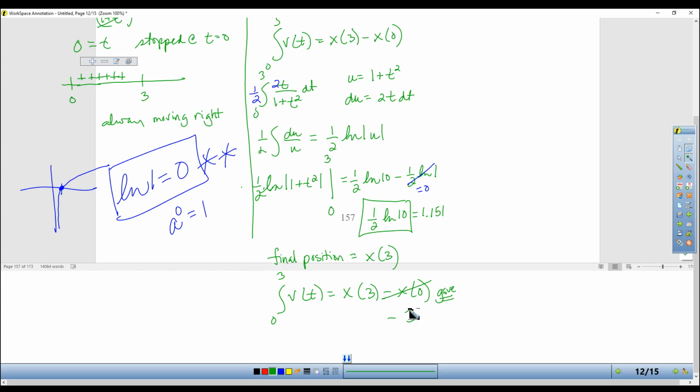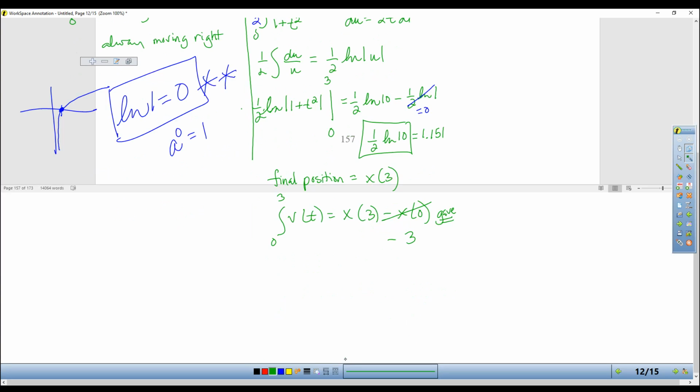So I can add that 3 to the other side, and then 3 plus the integral from 0 to 3 of v of t is equal to x of 3, meaning your starting spot plus your displacement will give you your final position. And since we just figured out that the displacement was 1.151, x of 3 must be equal to 4.151, which was the second half of the question.